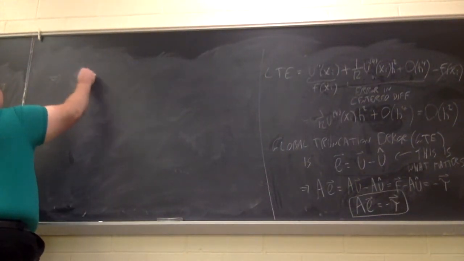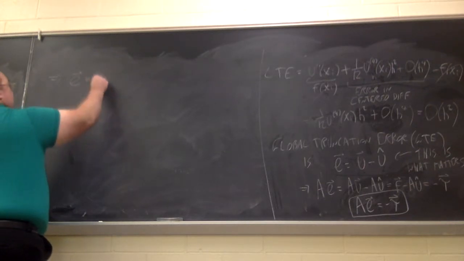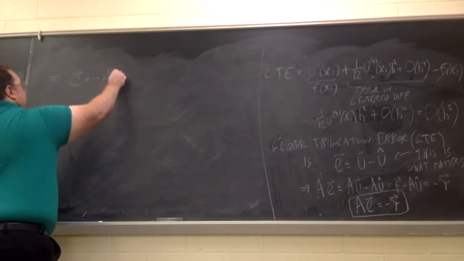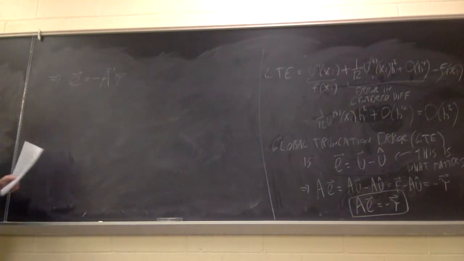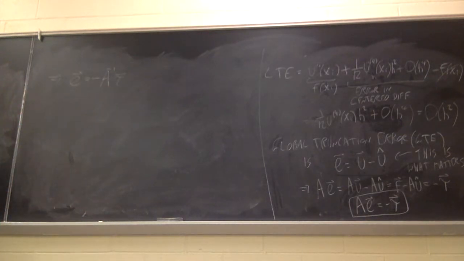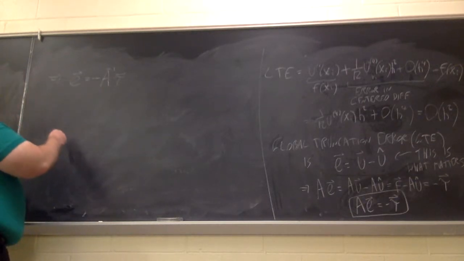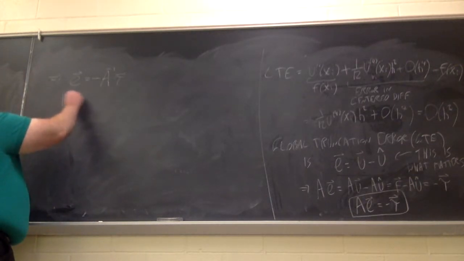So E is the same as minus A inverse times tau. I'm just multiplying both sides by A inverse, just to isolate E. And now I can take norms of both sides.